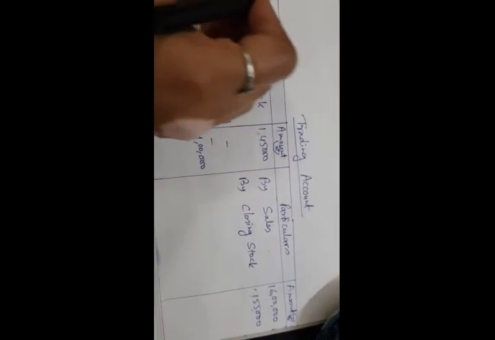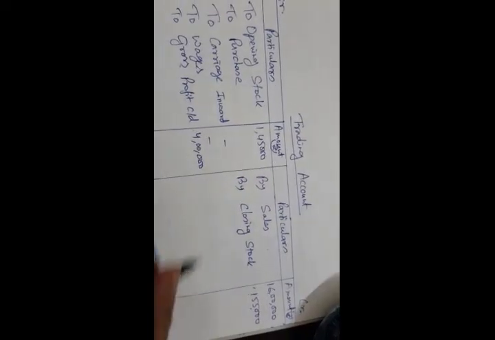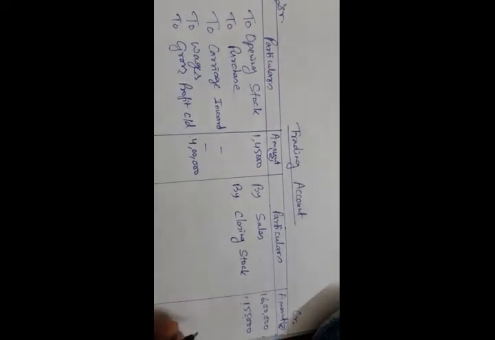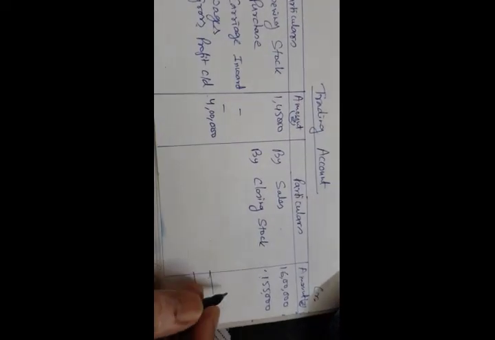Okay, now balance it. This is the debit side and this one is your credit side. Don't forget to write debit and credit, because for any account writing debit and credit is mandatory. Now let us balance it. See this side, we can make a total of this, because no figure is missing, so it's coming to 17,55,000.